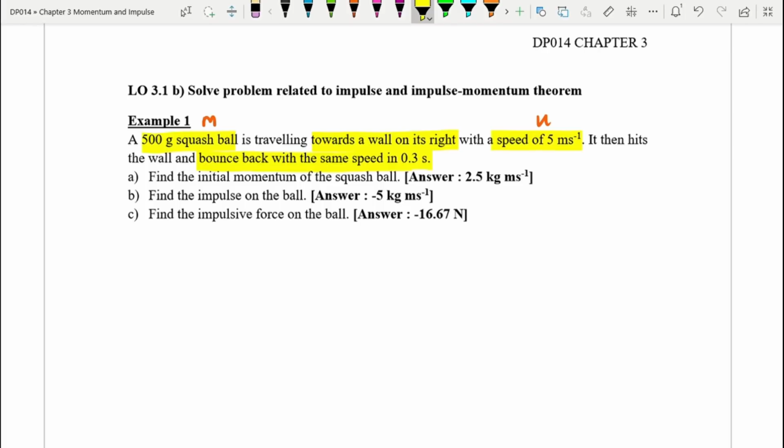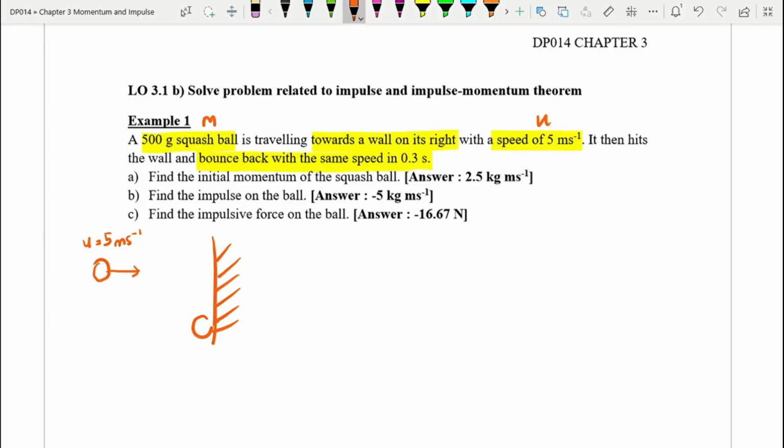Okay, so first kita kena imagine macam mana situasi soalan ni. The ball is travelling towards the right, so that is the ball with u equals to 5 m s^-1 towards the right and towards the wall. Okay, and then the ball will be bounced back.